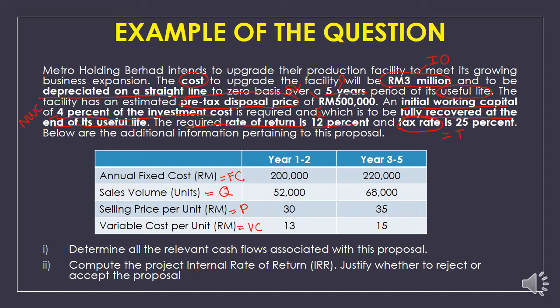VC for year 1 until year 2 is RM13, and for year 3 until year 5 it is RM15. Based on all the information given, the first question is to determine all the relevant cash flows associated with this proposal, and the second question is to compute the project internal rate of return, which is IRR, and justify whether to reject or accept the proposal.